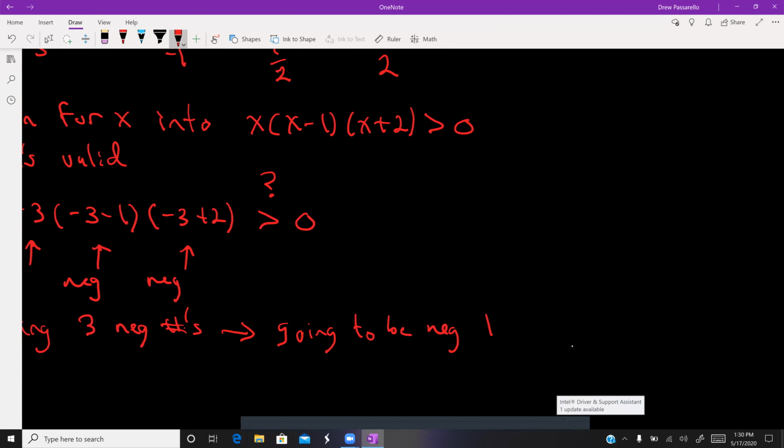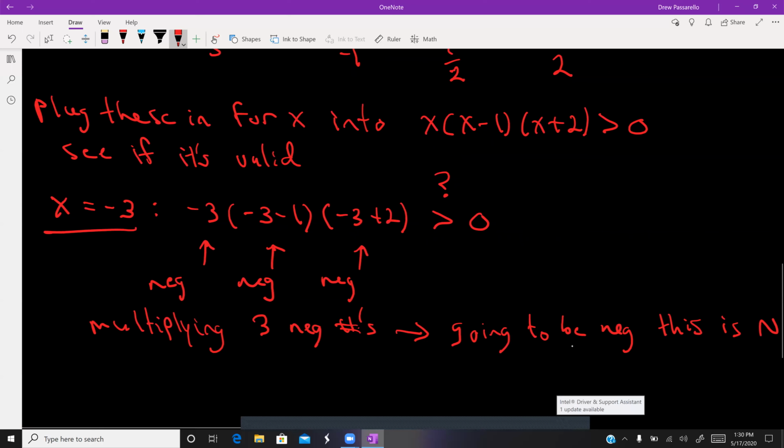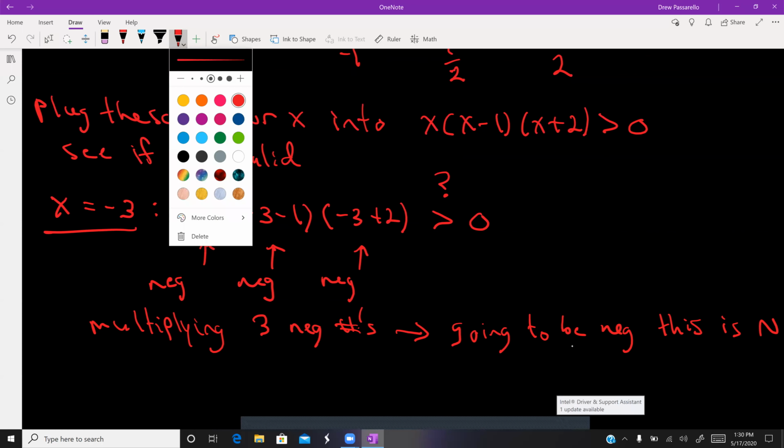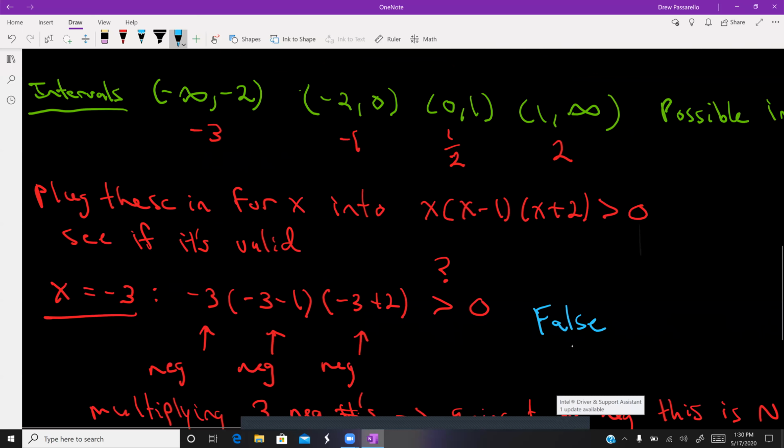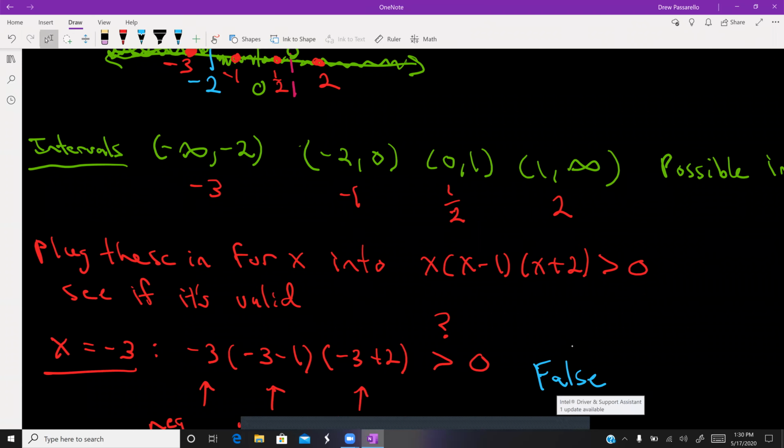So it's false when you choose negative 3. So since it's false, I exclude the possible interval of negative infinity to negative 2.